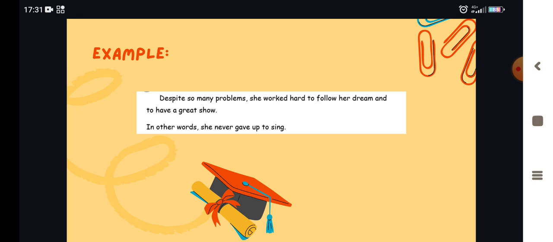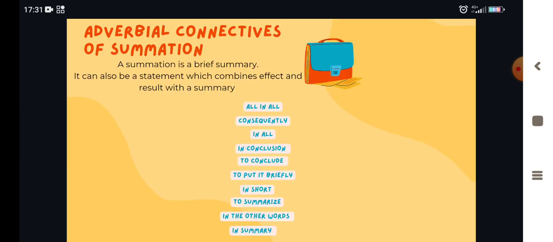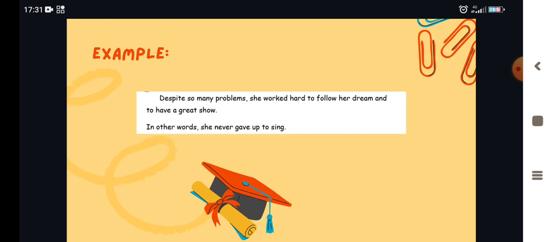And in other words could change, for example, with to put it briefly, she never gave up singing. But this is the main function of this kind of adverbial.